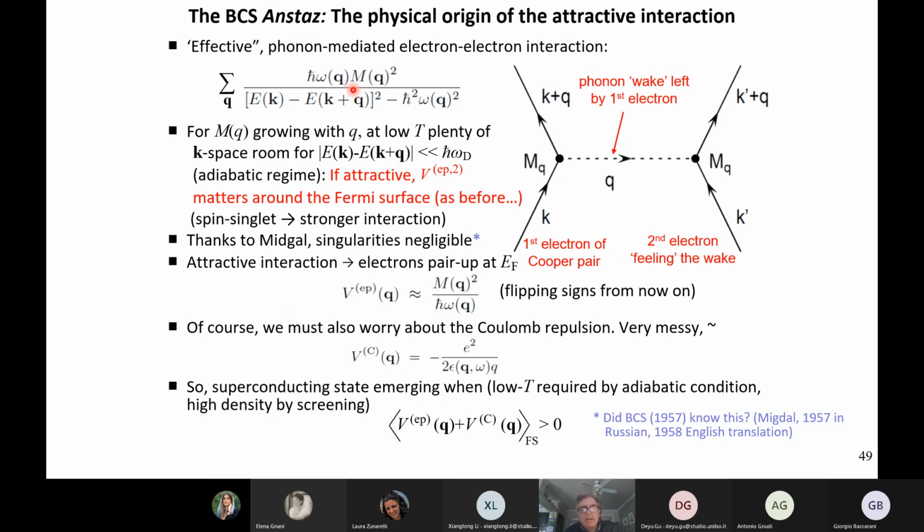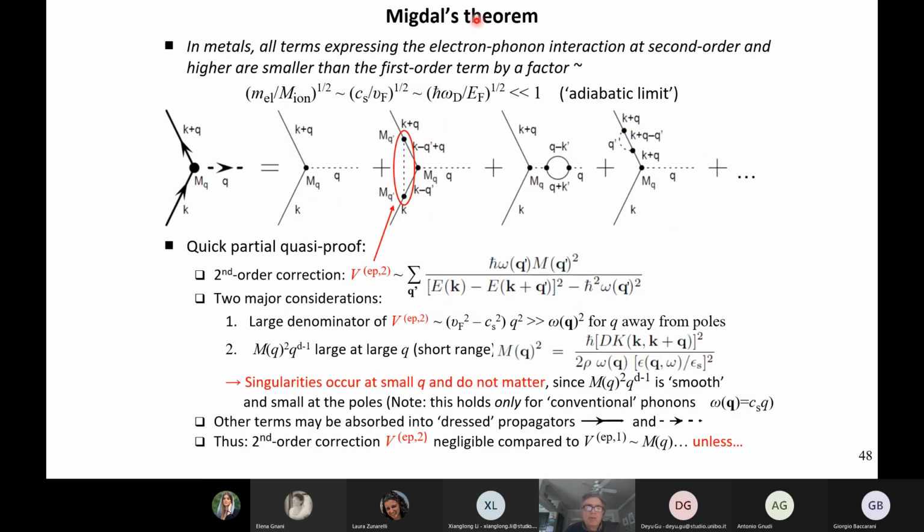Well, the idea is that we can use second-order perturbation theory. We don't have to worry about higher orders. And this is because of a famous important theorem, which is called Migdal's theorem, that says that you can ignore higher order terms. The details are a little tricky.